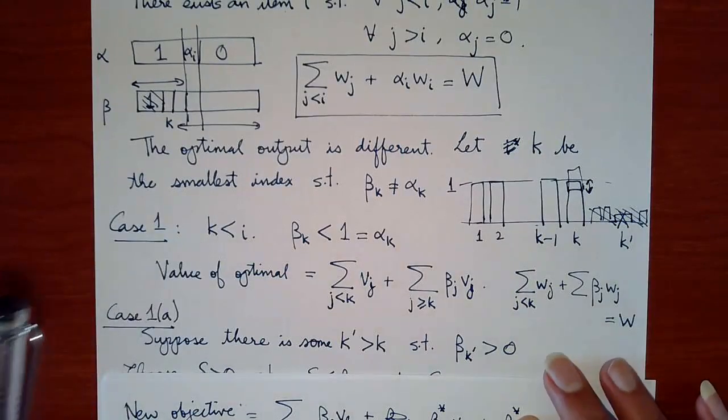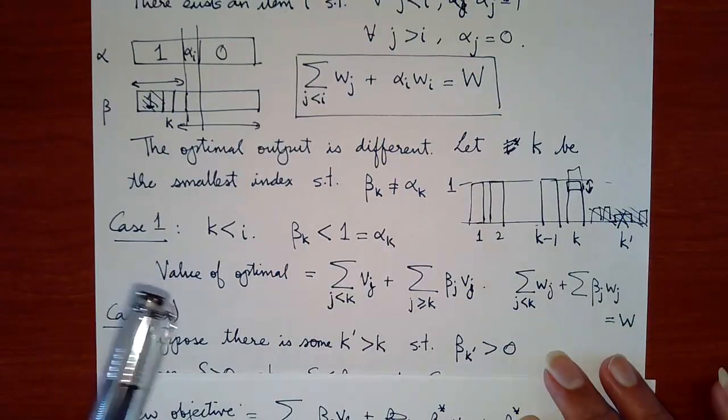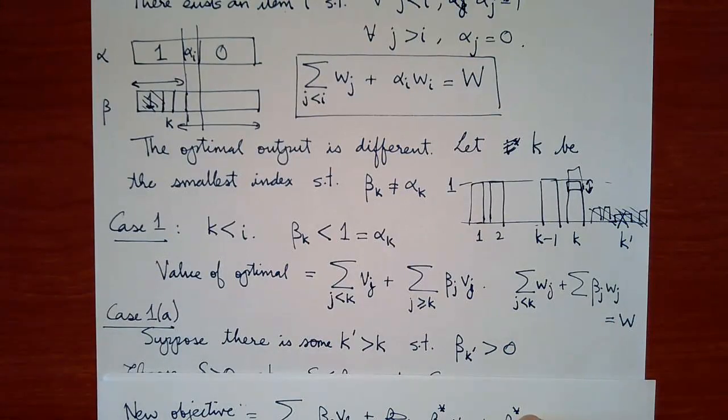I'm saying if the optimal solution is close to the solution that the algorithm came up with but differs by one thing, there's some k less than I such that that's less than 1, and then some k prime greater than I.